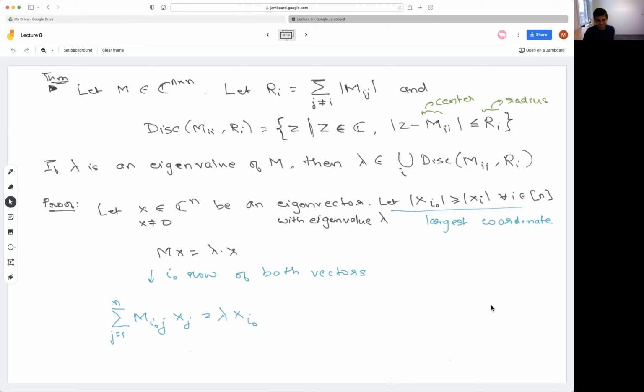Now we know that x_i0 is non-zero, so we can take it to the other side and divide it.